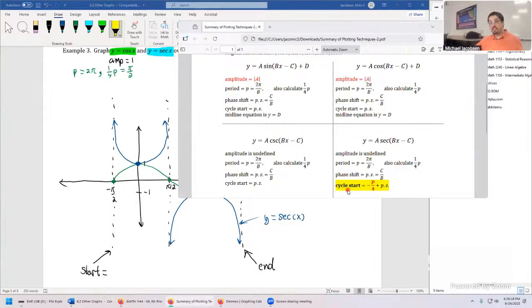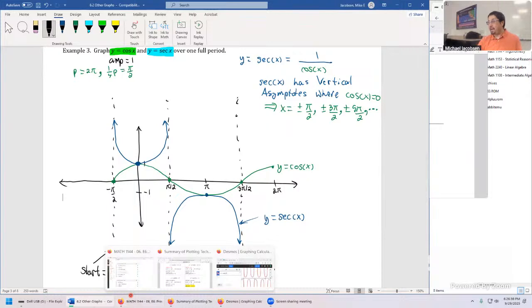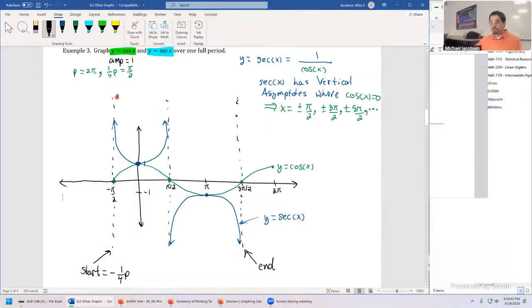It's unusual, and this is where this part of the notes comes in. The start of this is going to be negative 1/4 of the period. That's the negative pi over 2 you see right here, plus whatever phase shift happens to be in this problem. This one had a phase shift of 0, so that wasn't as important. But the start is negative 1/4 of the period. So the increment, by going backwards, so we can hit the vertical asymptote here, plus the phase shift.